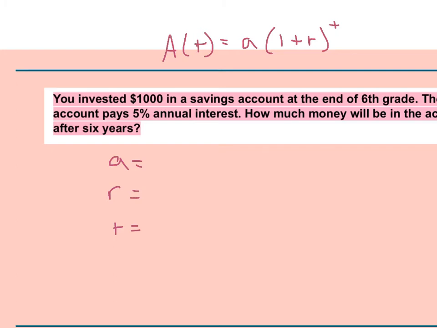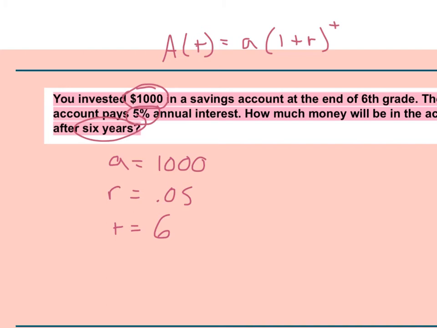So our initial amount, so we invested $1,000 into a saving account, so that's going to be our A. Next, our rate is always going to be the percentage. So this says 5%, but we need to change it to a decimal, so it's going to be 0.05. And then last, we have our time, which it says after 6 years, so our t is going to be 6.